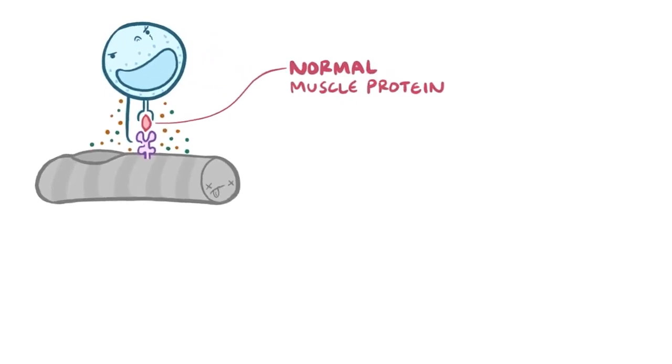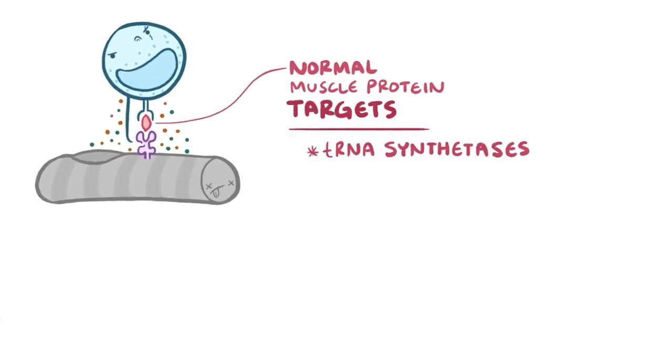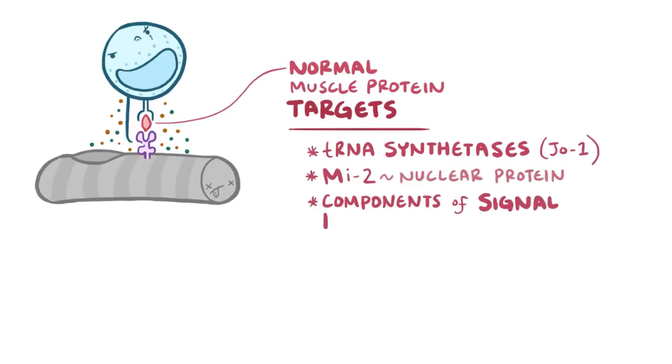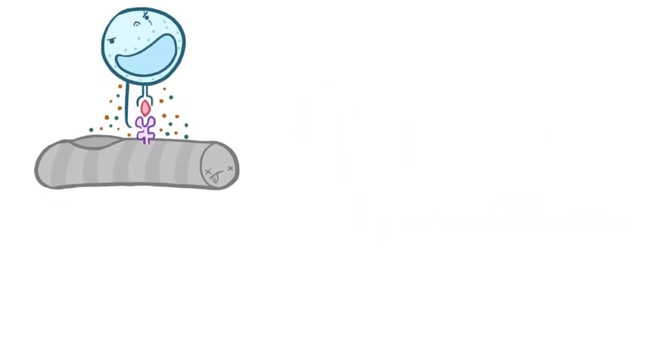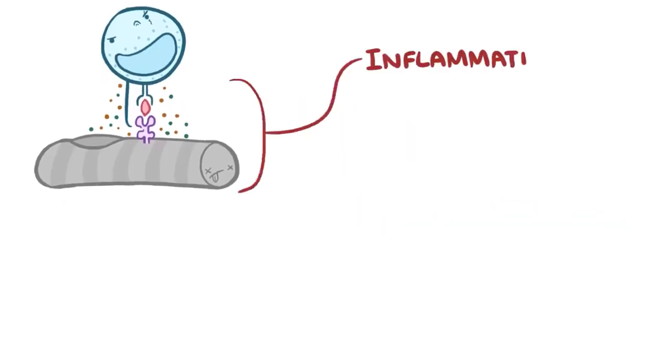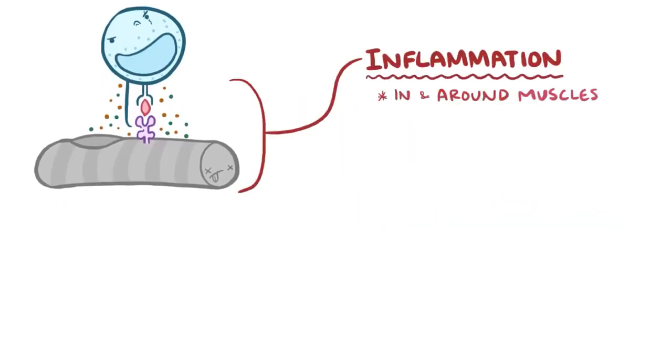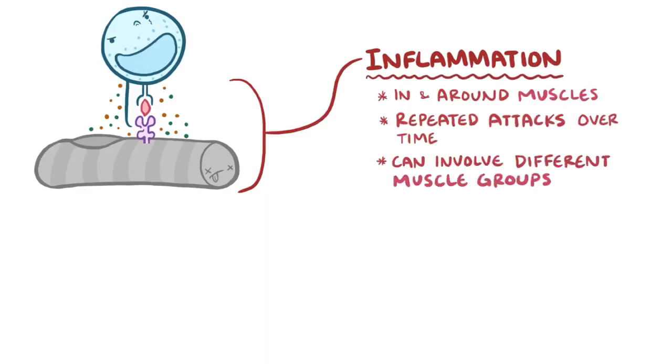The specific antigenic targets in polymyositis include tRNA synthetases, also called JO1, a nuclear protein known as Mi2, and components of the signal recognition particle, or SRP for short, which helps with protein trafficking within the cell. The immune reaction causes inflammation in and around the muscles that are being attacked by the immune response, and typically these attacks happen repeatedly over time and can involve different muscle groups.